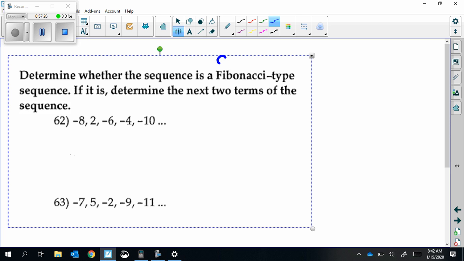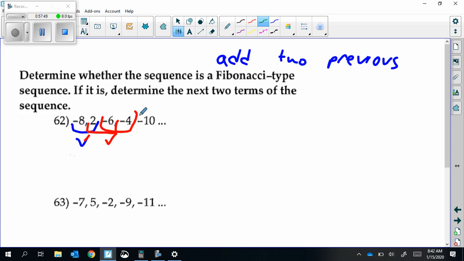Fibonacci type means adding the 2 previous numbers. So when you add up these 2, do you get -6? Yes. When you add up these 2, do you get -4? Yes. When you add up these 2, do you get -10? Yes.